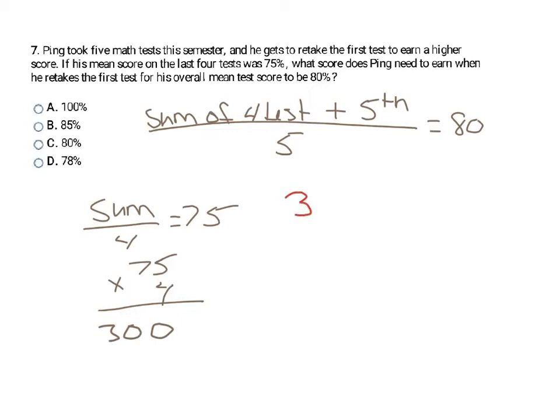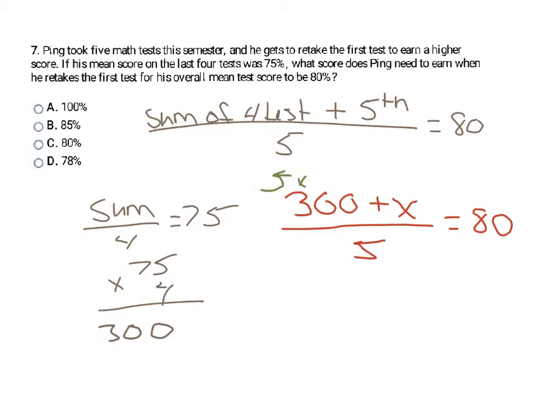So that means here I can take 300 plus x, because that's what I'm looking for. And that's going to be divided by 5 equals 80. So I'm going to multiply both sides by 5. And that's going to cancel out this divide by 5 and just leave me with 300 plus x on the left.